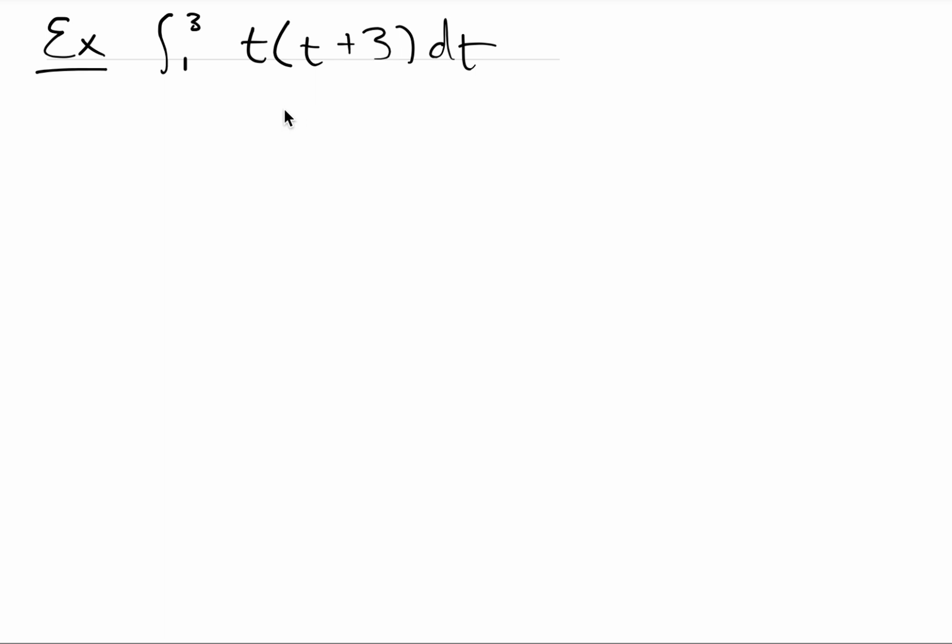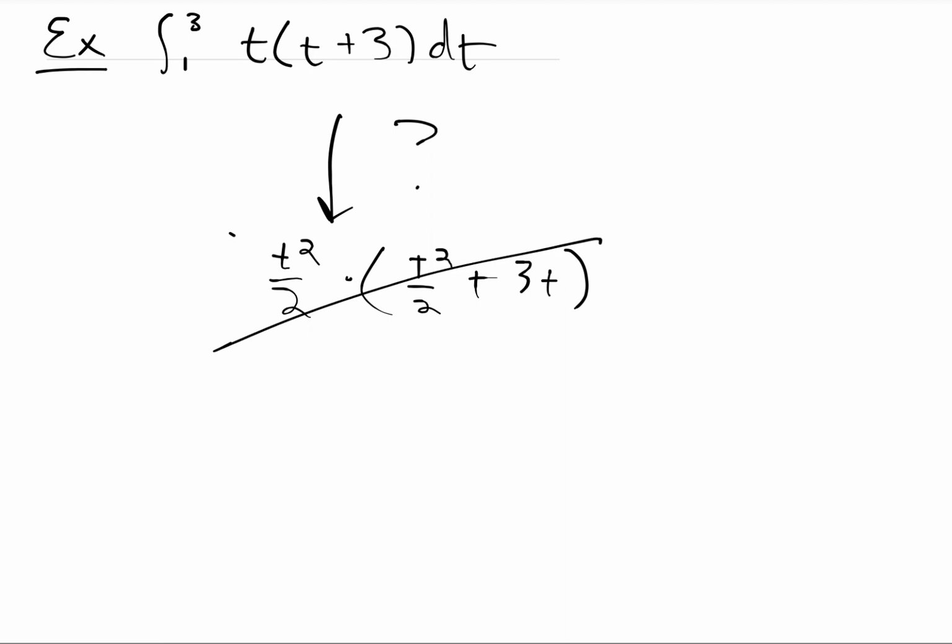So I will go ahead and note, if I wanted to try something like t squared over 2 times t squared over 2 plus 3t, please don't do that. That's definitely not going to help you out here.